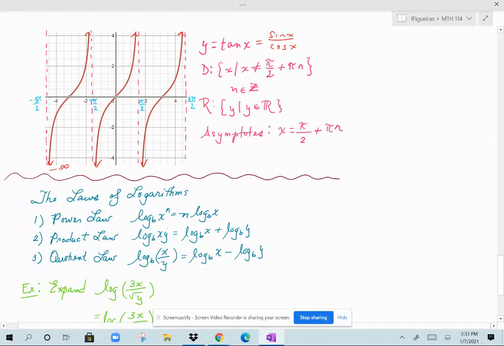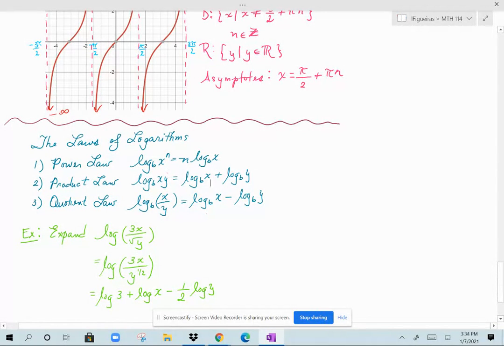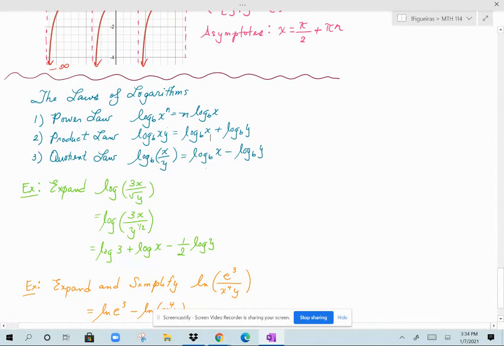All right, so we're going to use those logarithms in order to expand this problem. So I have the log of 3x over the square root of y. So I'm actually going to be able to use all 3 of the laws above. So the first thing I'm going to do is rewrite this radical as y to the 1/2. Remember, I reminded you a few minutes ago how to rewrite radicals as exponentials.